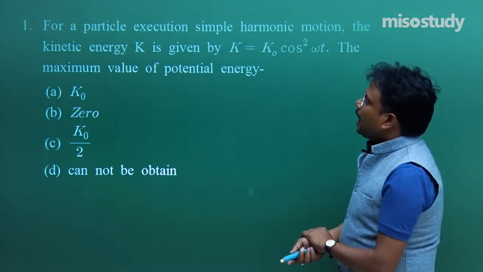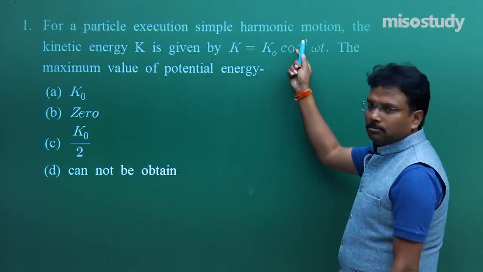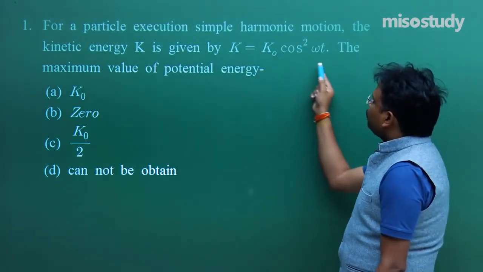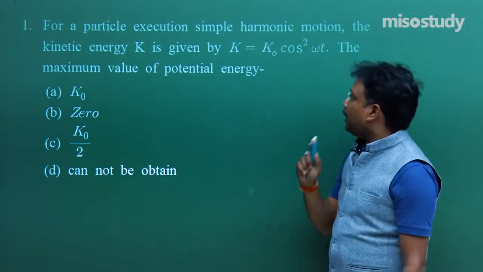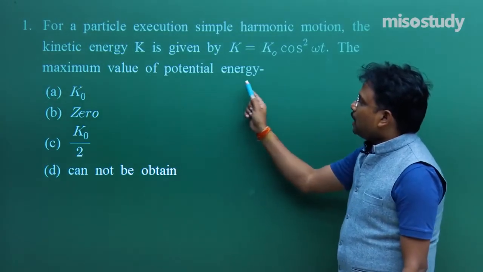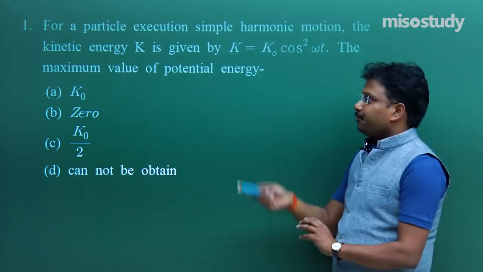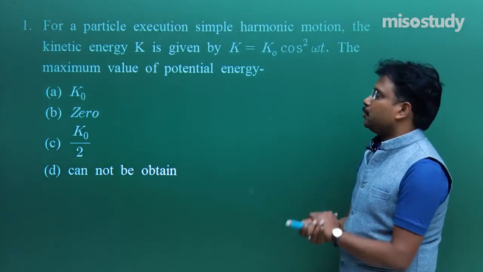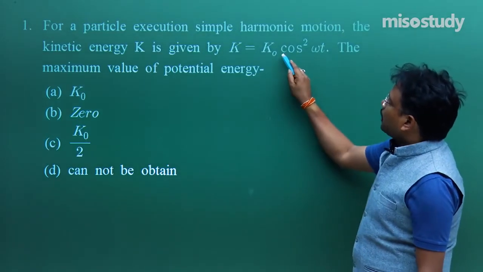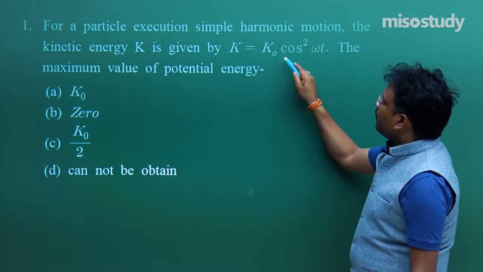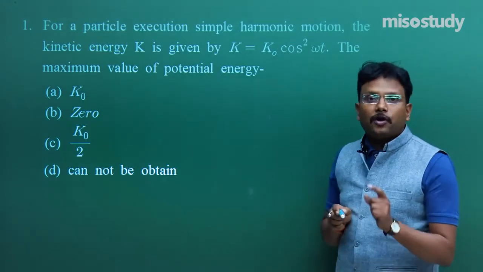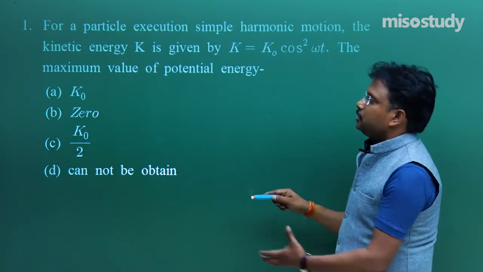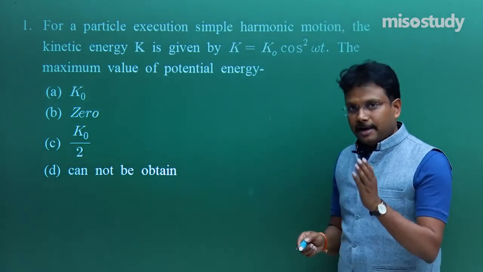For a particle executing SHM, simple harmonic motion, the kinetic energy K is given by this particular relation. Fine. The maximum value of potential energy. This question is important for medical students, the reason being the kinetic energy is given in the form of a sinusoidal function, and they are asking about the value of potential energy.